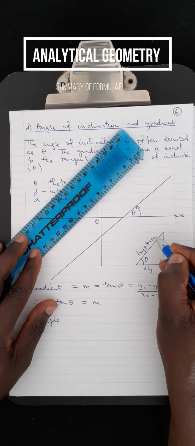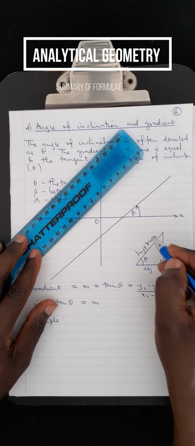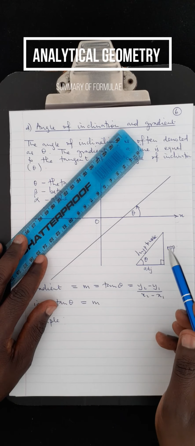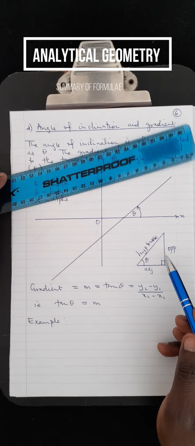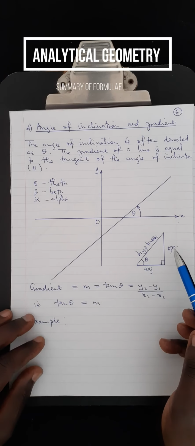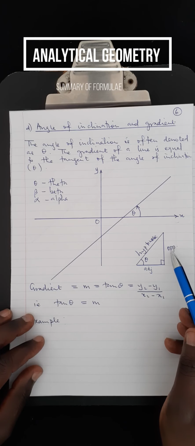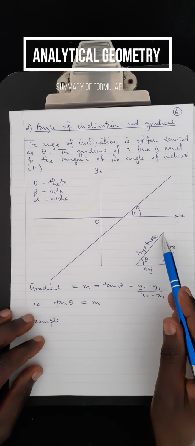So tangent is just a ratio that compares how much this side is over that side.